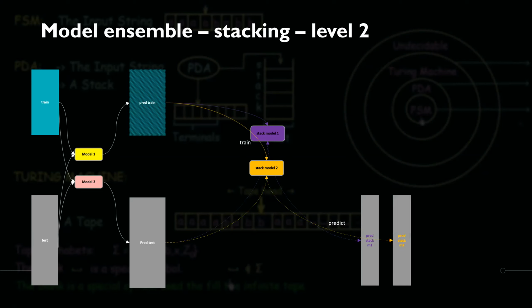So instead of using one stack model, we can get two stack models, and then we can simply average the two models' predictions to calculate our final predictions. We can also repeat the same process and do the stacking again for the stacking models, and then have another layer, then another layer, then another layer, right?